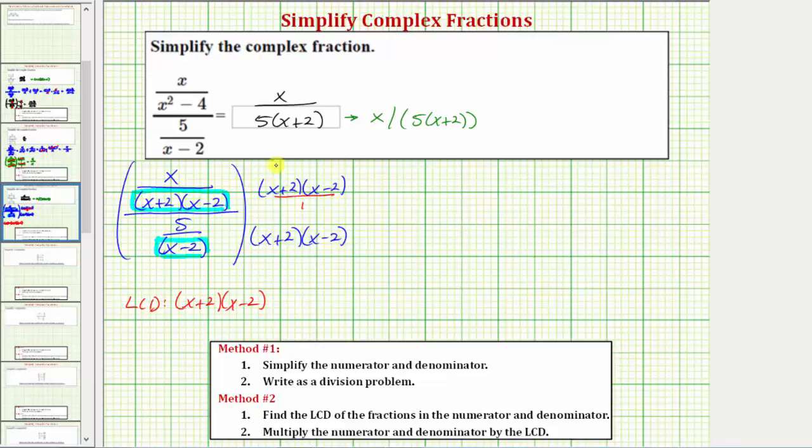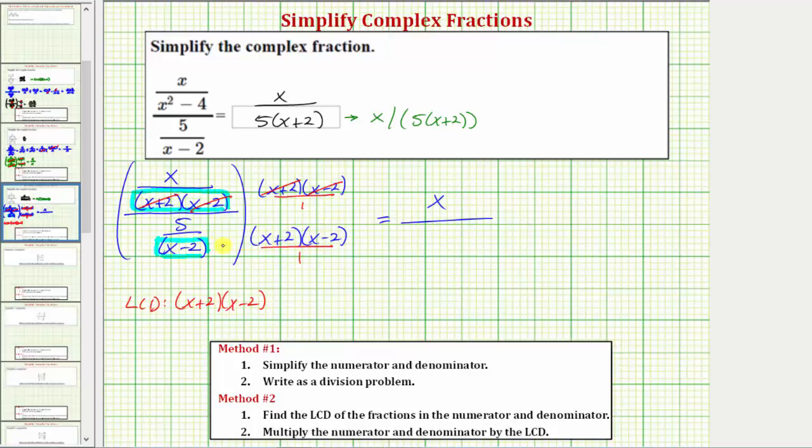So when we multiply, notice how we can simplify before multiplying. x plus 2 over x plus 2 simplifies to 1, and so does x minus 2 over x minus 2. So now multiplying on the top, we just have x times 1, which is x. Now looking at the bottom, again, we can think of these two factors as a fraction with the denominator of 1.